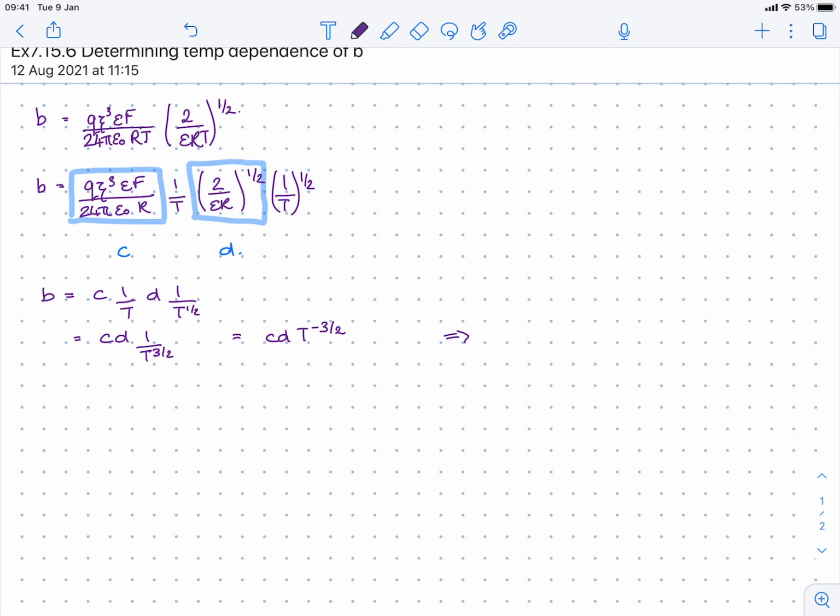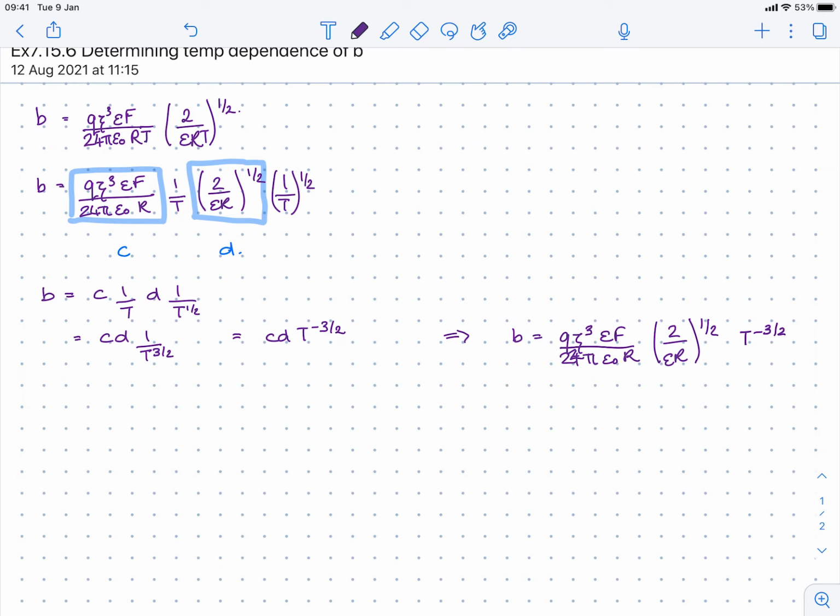And so I can write that B is equal to, if I rewrite out my C term, QZ cubed epsilon F over 24 pi epsilon naught R, and my D term is 2 epsilon R to the half, and then that left me with just my T to the minus 3 over 2 term here.